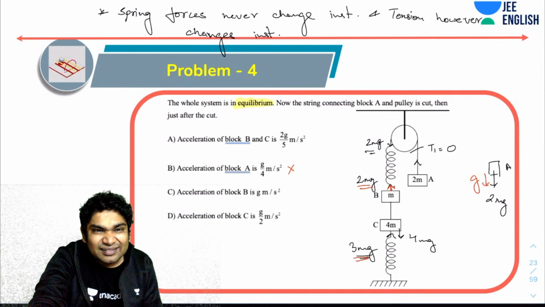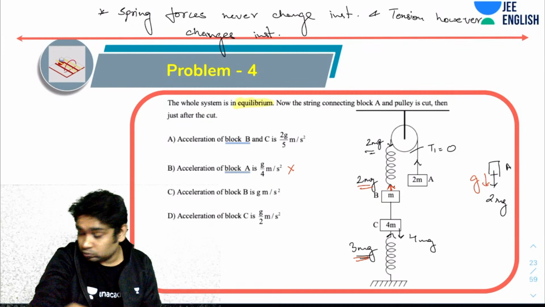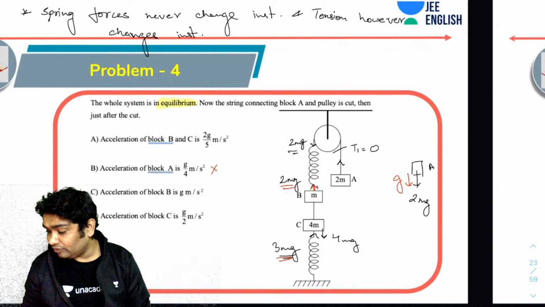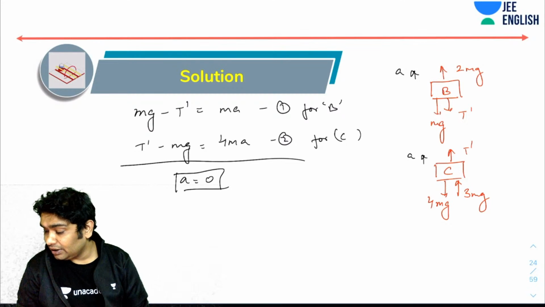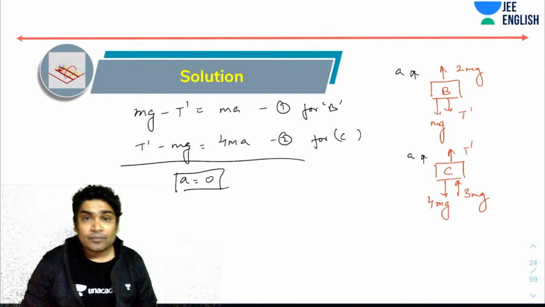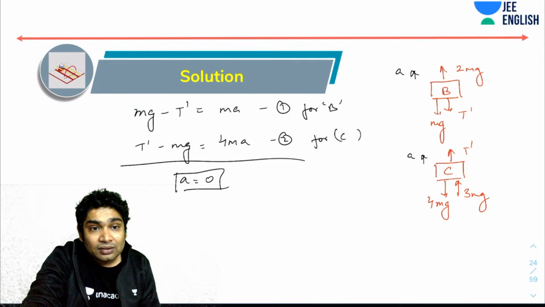Did I do something wrong somewhere? Weird. So there was 2 mg upwards. Net force would have been mg upwards minus T dash above going above, and here the net force would have been T dash above and mg. So all right, that is slightly weird.